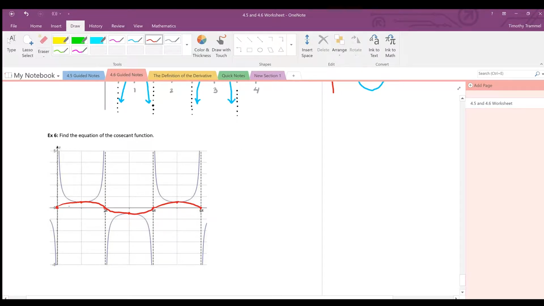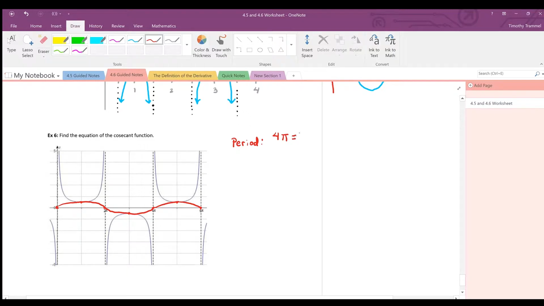So it looks like sine, right? It starts at the middle of the wave, just like sine does. But it looks like the period might be a little bit different. So we know that the period is going to be what it looks like, 4 pi to complete one revolution or one cycle. Okay.